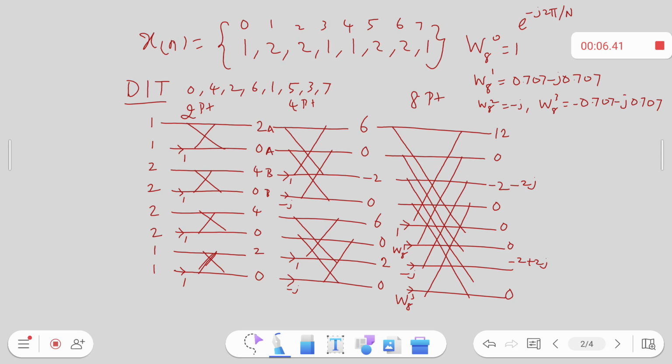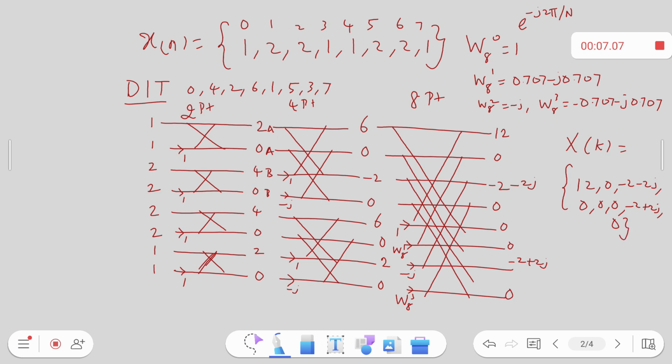Since your input is given in bit reversal order, output is in order. So finally I need to write my X of k. My X of k will be 12, 0, minus 2, minus 2j, 0, 0, 0, minus 2 plus 2j, and the final value is 0. So I am getting 8 points.